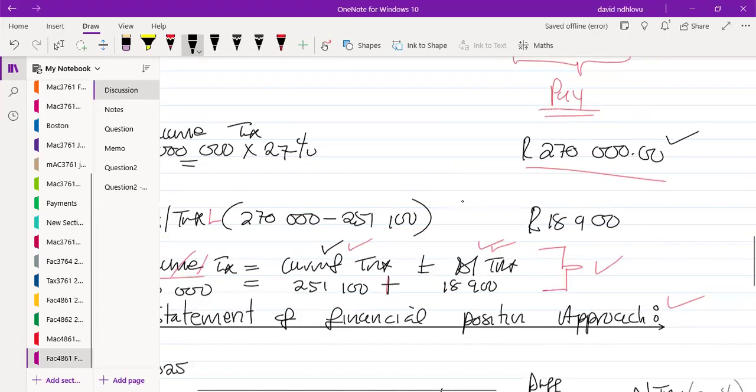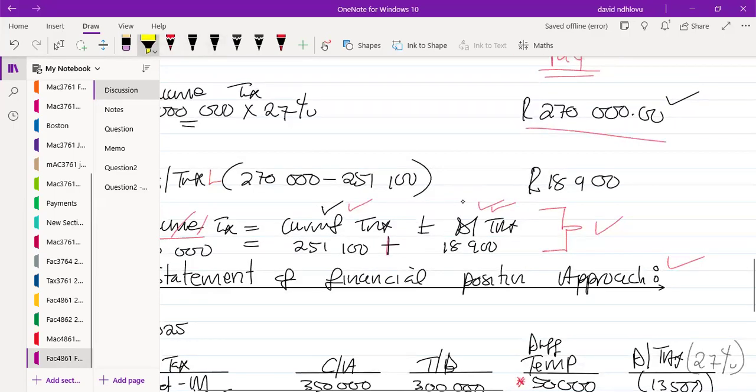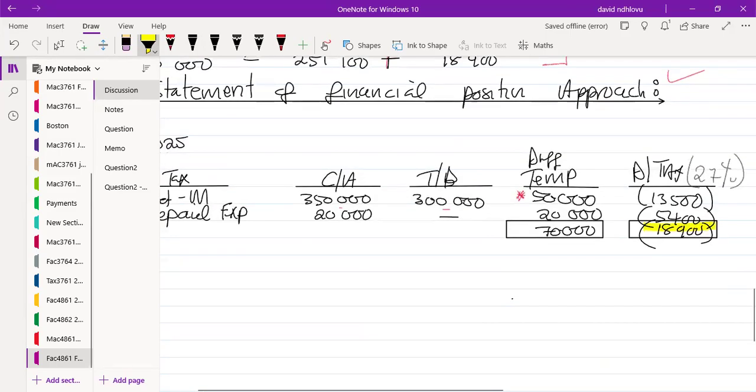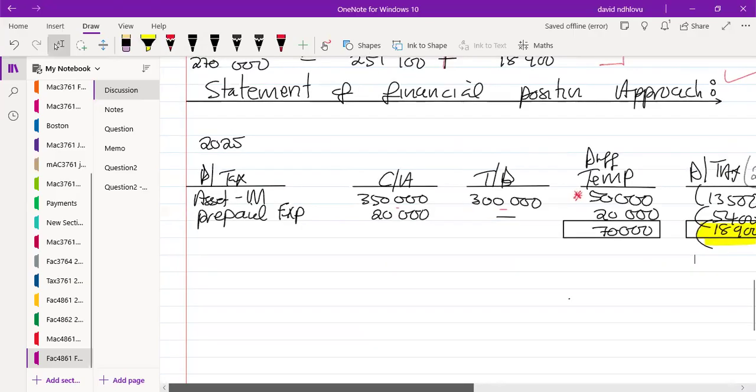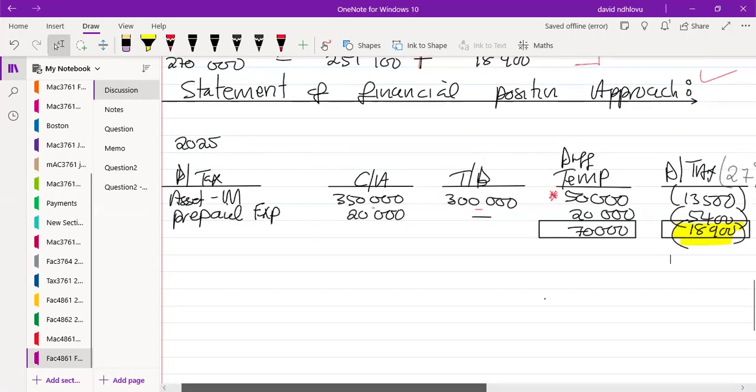How much is that figure and what is it equivalent to? Right, this was our calculated what? Deferred taxation. And this is equivalent to the same amount. So this method here of calculating that figure is called the statement of financial position approach. Any question?